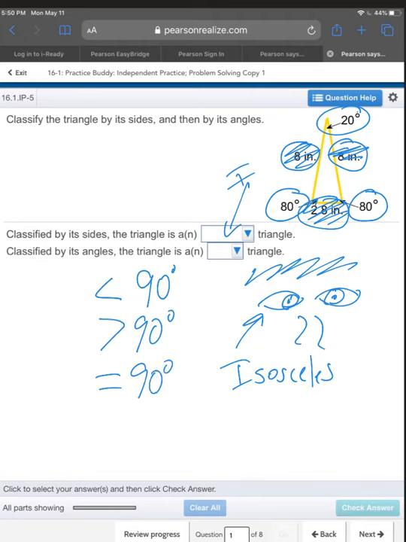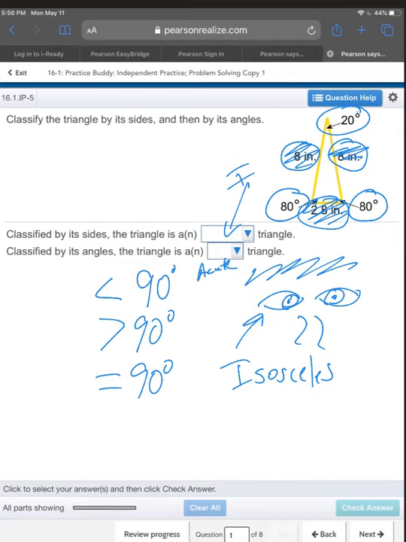If they're all less than 90 degrees, which is the case in this one, then we call that acute. So this is an acute isosceles, or isosceles and acute triangle. That would be the answer for the first one.